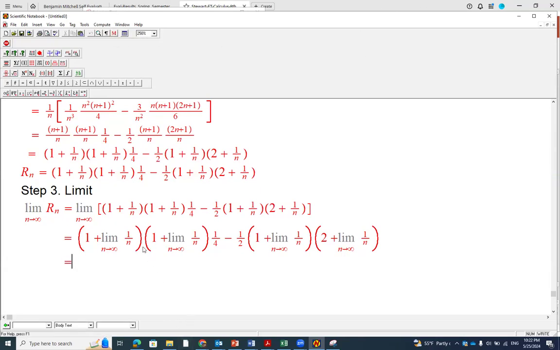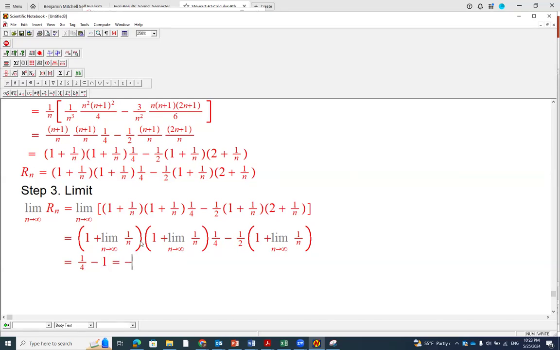So in the end, what do we get? The first limit, this is 1. This is 1. So this is a 1, another 1. So this first part is a 1/4. Okay, subtracting. This makes 1 and this makes 2. 2 times half is 1, so minus 1. Oops. -1 should be placed here.